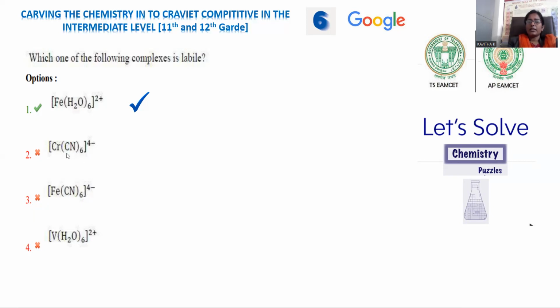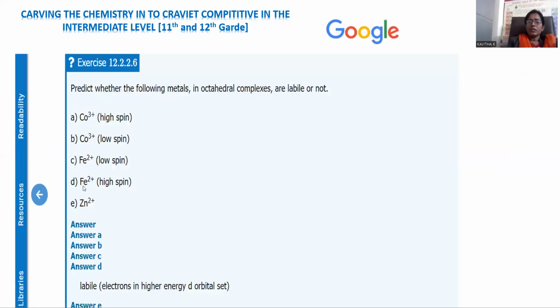A strong field ligand like cyanide or nitrile gives a low spin complex. But water is the weak field ligand, so it is a high spin complex. Iron plus 2 high spin is said to be what? Labile. So if you see option D, answer D is labile.